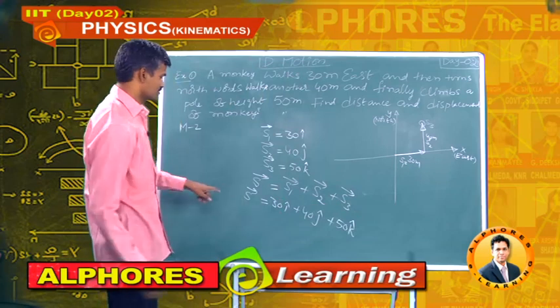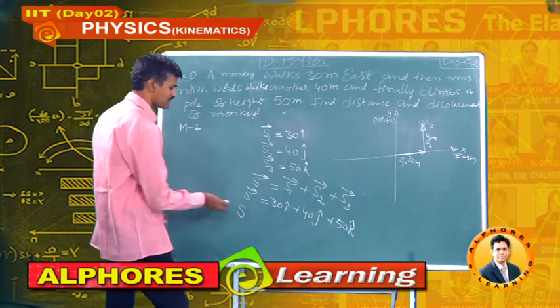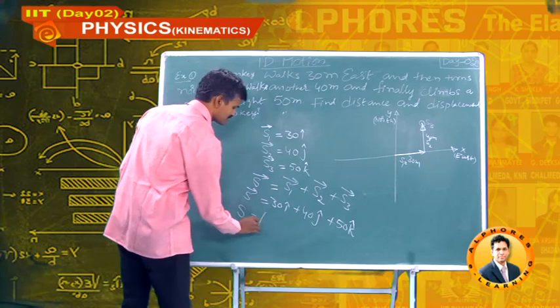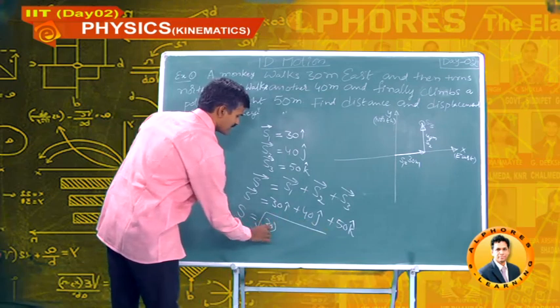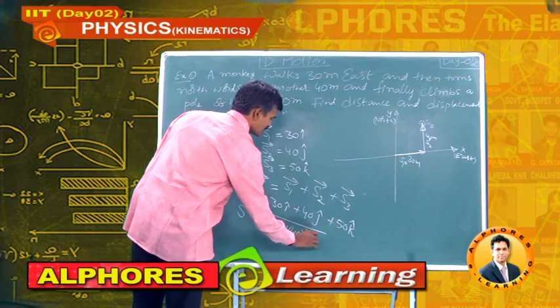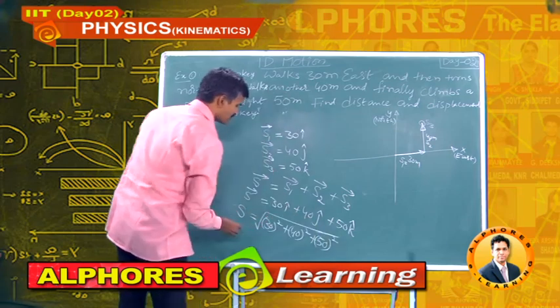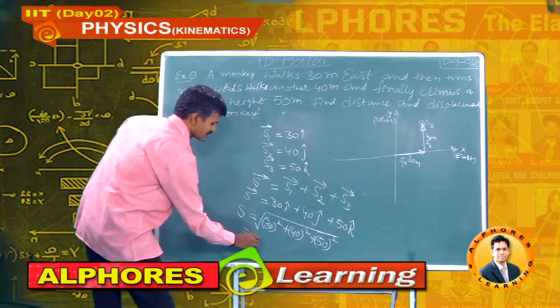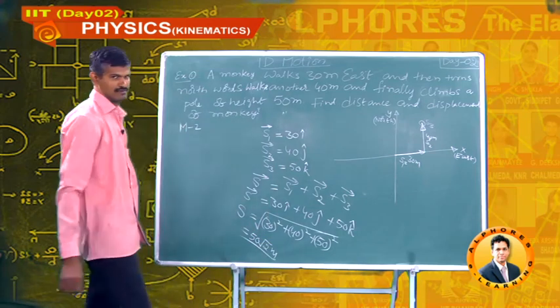Okay, students, what is the magnitude of displacement? This is under root 30 square plus 40 square plus 50 square. On solving this, we again get 50 root 2 meters, same as in method 1.